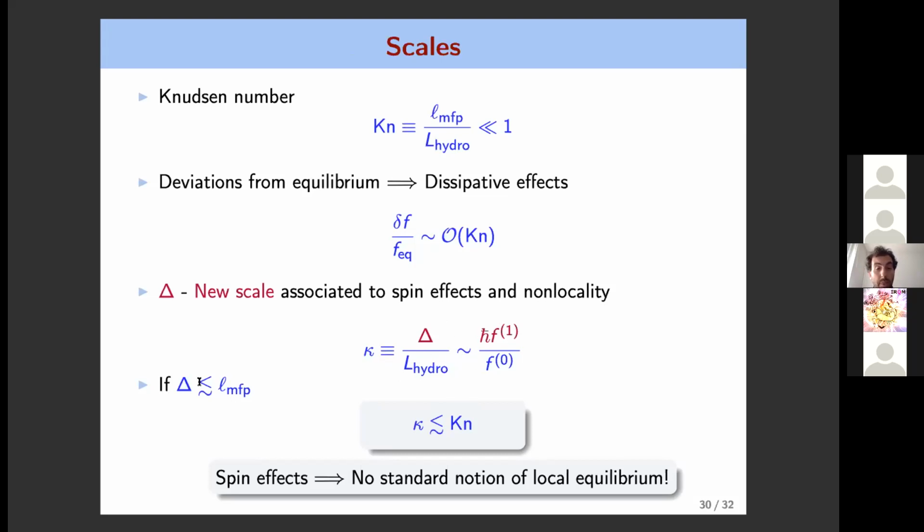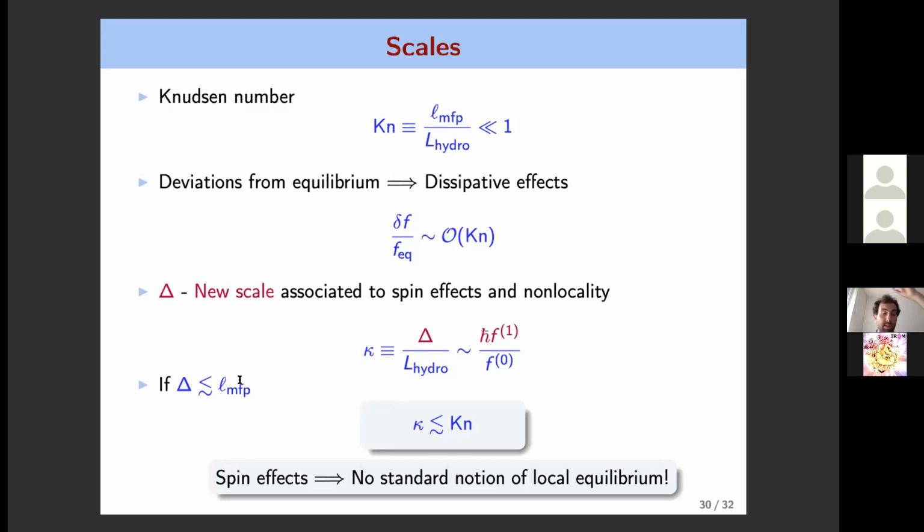So if this new delta is comparable with the mean free path, surely it's not bigger, but a little smaller or similar, in order to still respect some sort of molecular chaos or something similar, then you can immediately see that this kappa and the usual Knudsen number are related by a ratio of delta over mean free path.